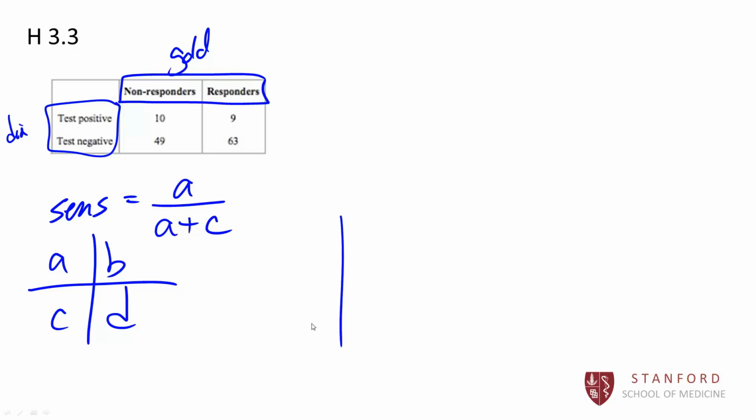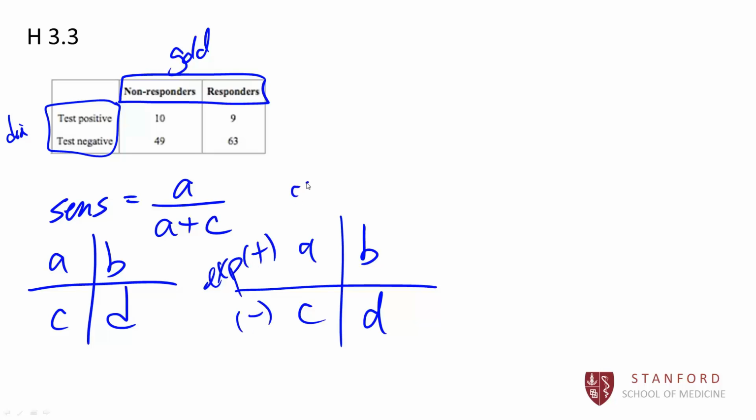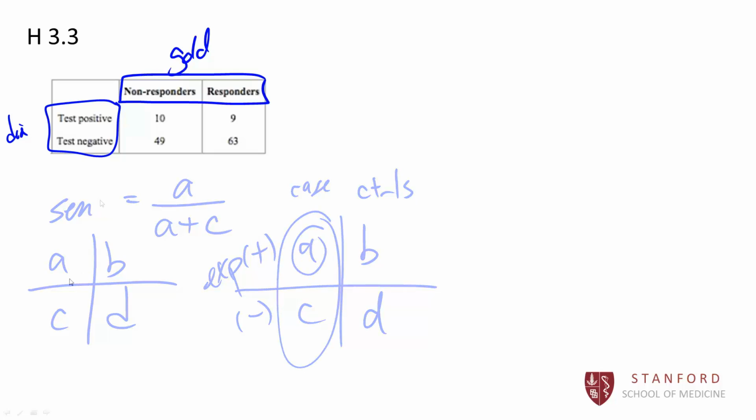Okay, a lot of times there are 2x2 tables given that have exposure on this side, exposure yes, exposure no, and cases and controls over here. So in that situation, you can't just do A over A plus C as the sensitivity.